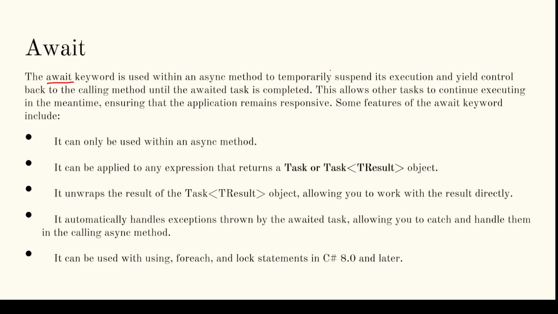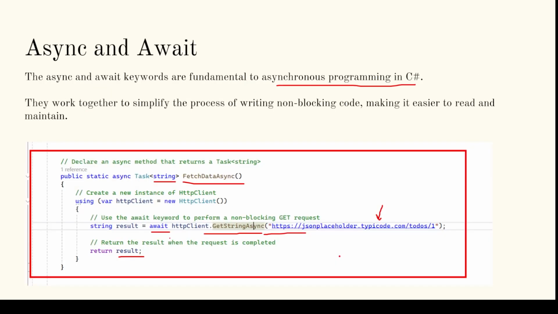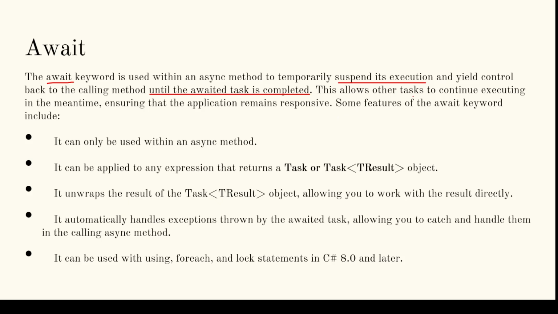It temporarily suspends the execution until the awaited task is completed. If you remember, here we have used the await keyword, so we were waiting here to complete this HTTP call, and once that HTTP call was completed, only then were we going to the next line and returning the result. This allows other tasks to continue executing in the meantime, ensuring that the application remains responsive.